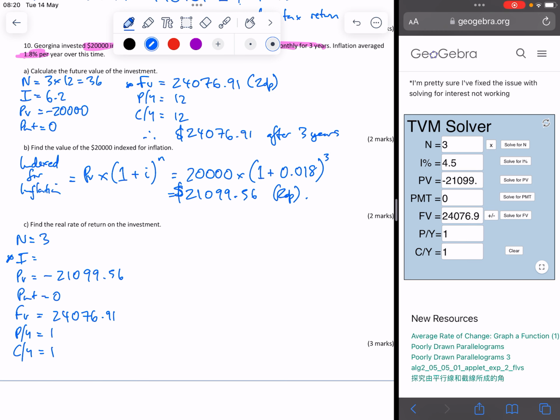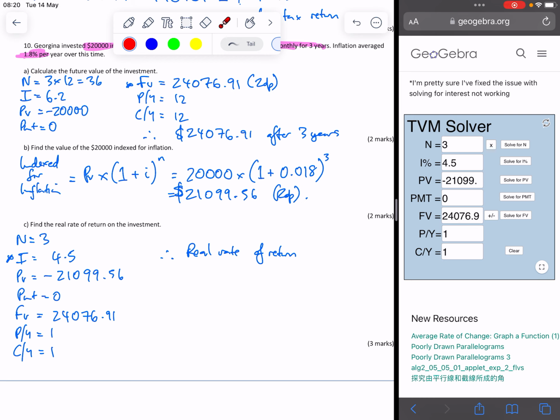Therefore, real rate of return, considering the effect of inflation. So technically, even though the bank says it grew from 20 grand to $24,076.91, the fact that the price of everything would have gone up over time because of inflation, it grew from 21,099.56 to this.